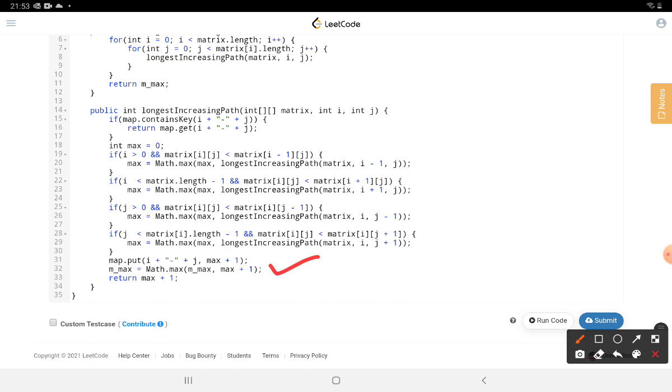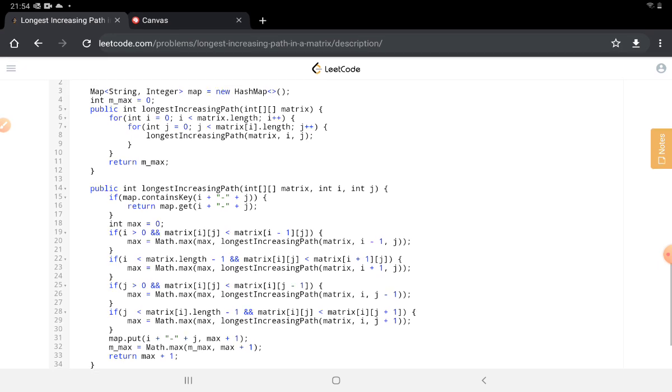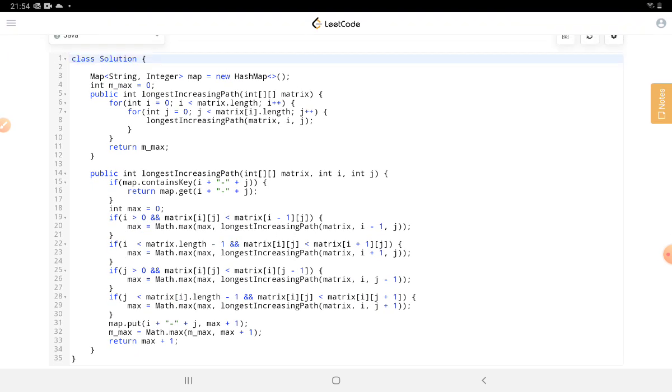And we reset the global max: if we have found a value which is greater than the previous max value, then we reset it to that, and then return the max path for this cell plus 1 as the return value. So this we do, and once we have done this for all the cells, we would have finally found out the longest increasing path in this matrix.